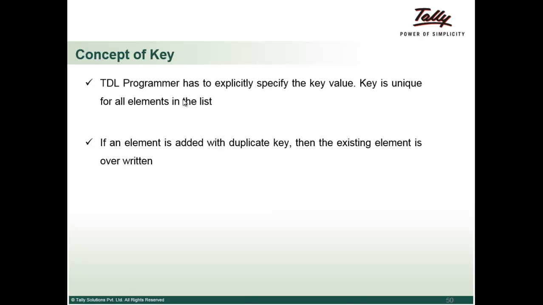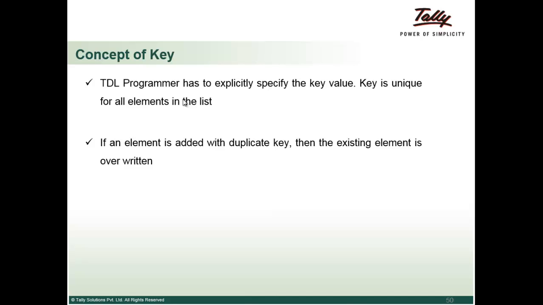And the TDL programmer has to explicitly specify the key value. Key is unique for all items in the list. That is why key is important. So if you have a unique key for each employee you are adding in the list variable, then next time when you want to manipulate it, you can use this unique key to manipulate the details.